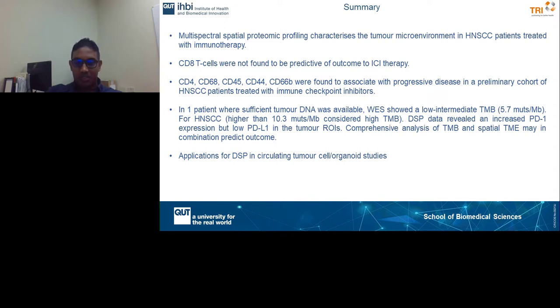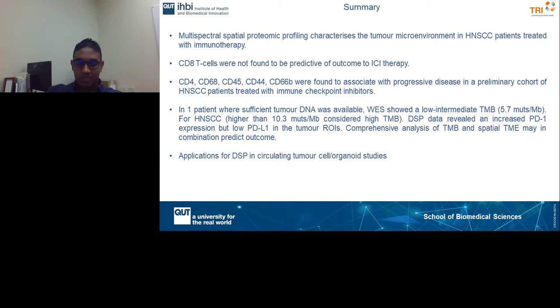And in one patient, there was a low to intermediate TMB for that tissue section. And so the DSP data revealed an increased PD1 and low PDL1 in the tumor ROIs. So comprehensive analysis of the TMB and spatial TME, the tumor microenvironment, may in combination predict outcome in the future.